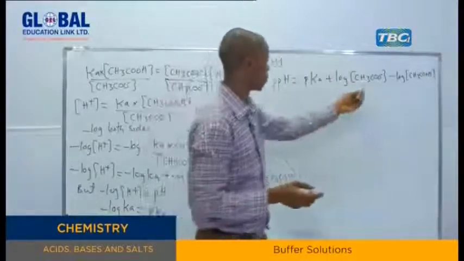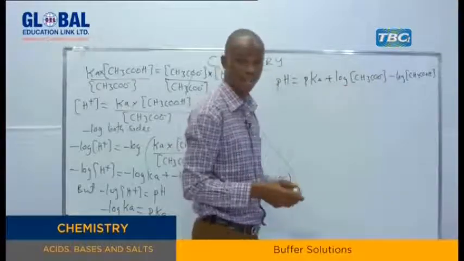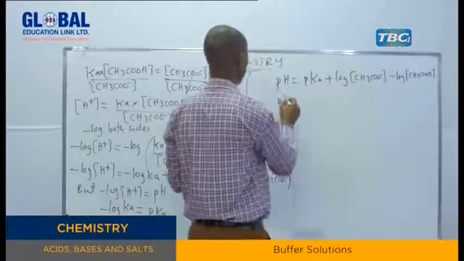Now, I think you know the mechanism of logarithm. If we subtract, that means we can divide. And the bases are the same. So automatically here, we are going to have this equation.